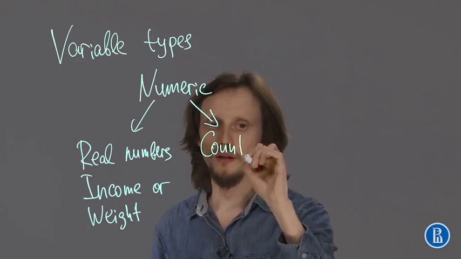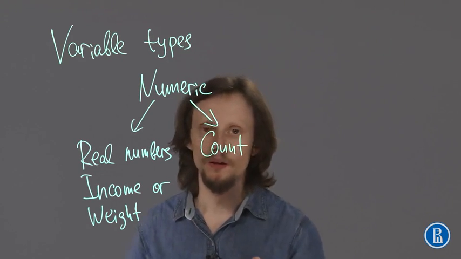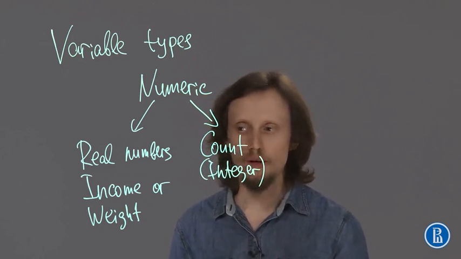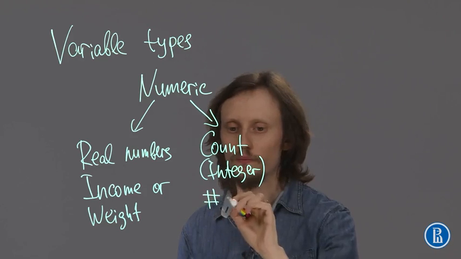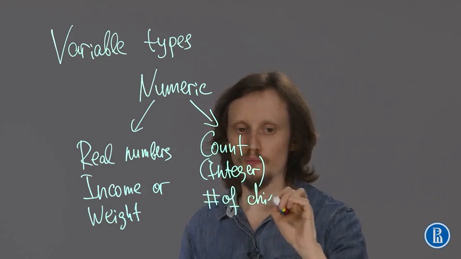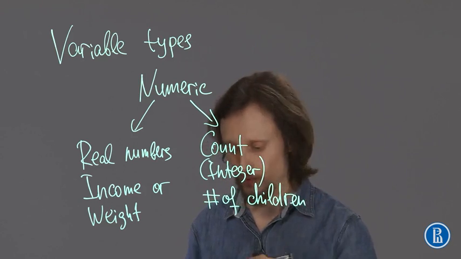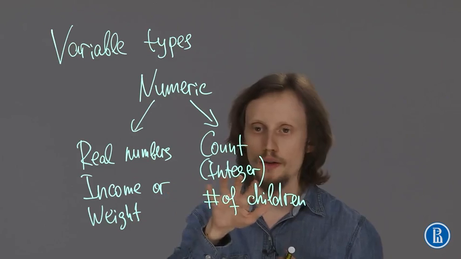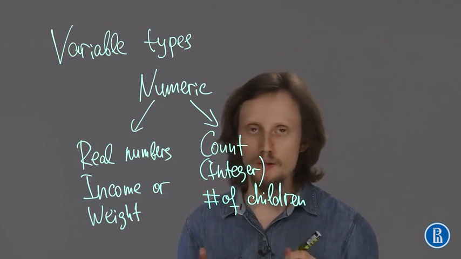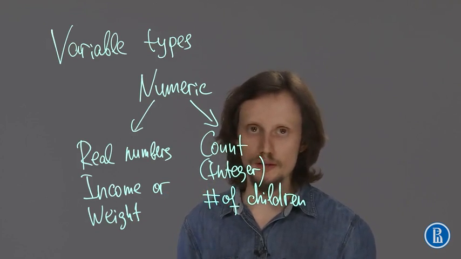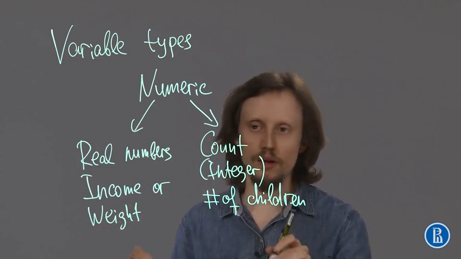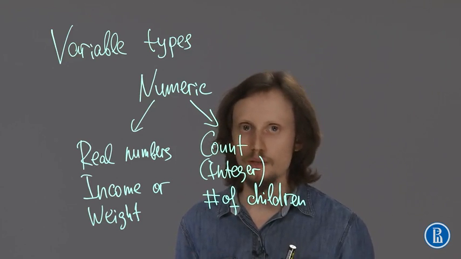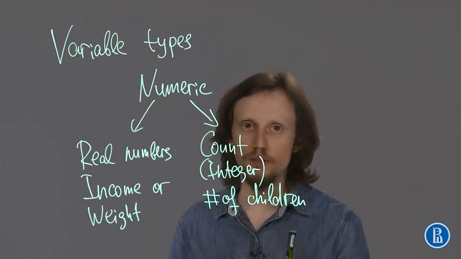It is usually denoted by count or integer. For example, number of children. The difference between real numbers and integer numbers can be important in some cases when you have to use different models for these different kinds of variables, but sometimes this difference is negligible.